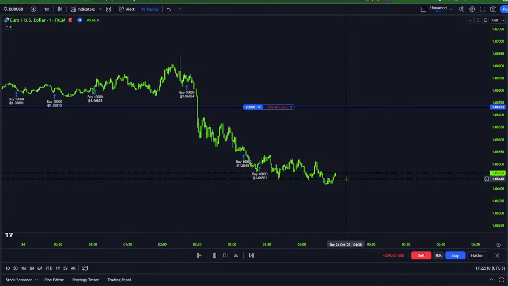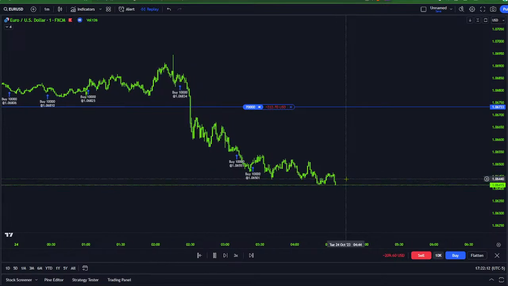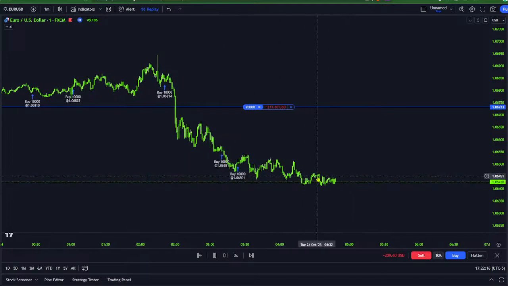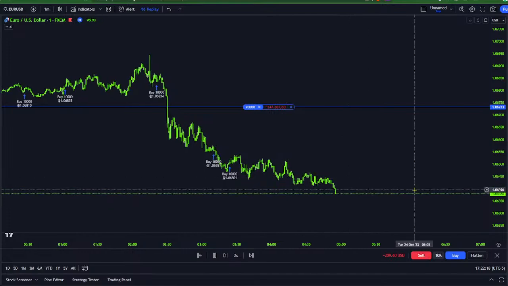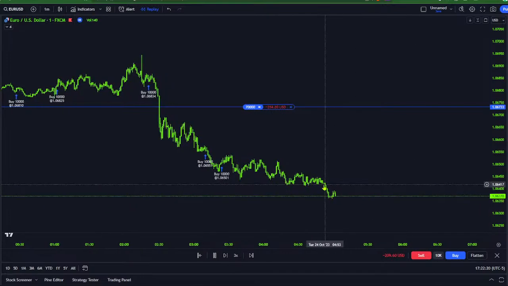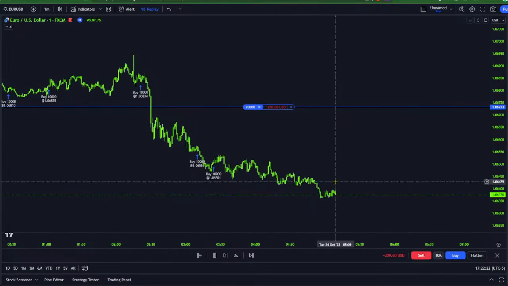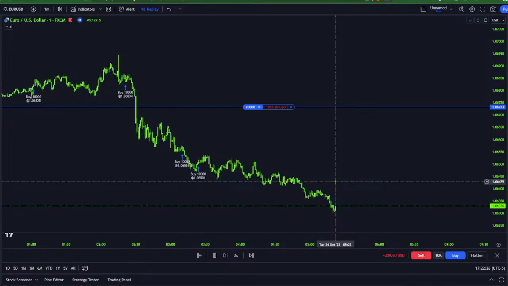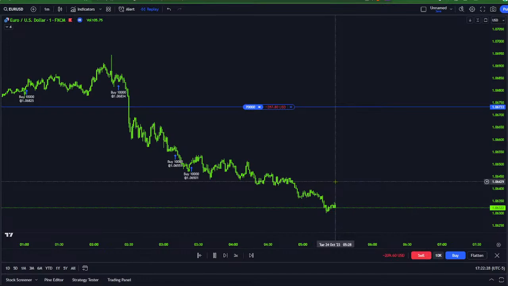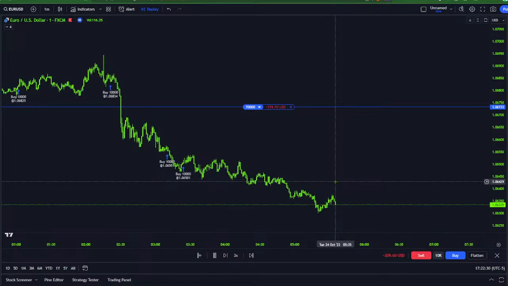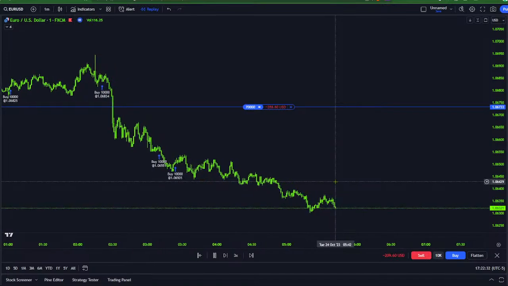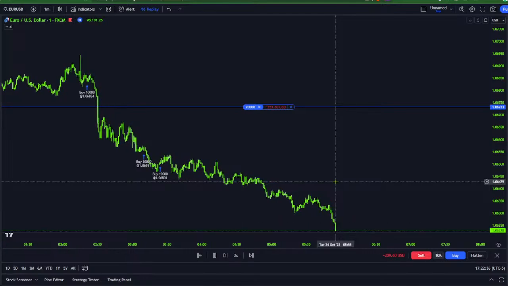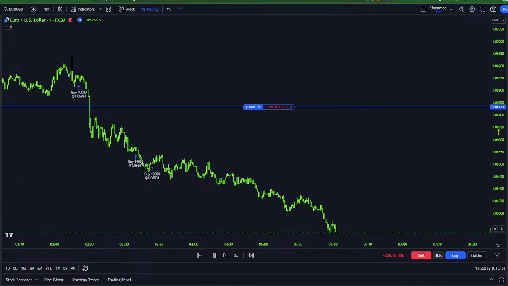And it hasn't broken this lower level yet. So I think, okay, just as I said it, there it goes, breaking that lower level now. And look at that. So I am very rusty and not doing good at all with gauging direction.